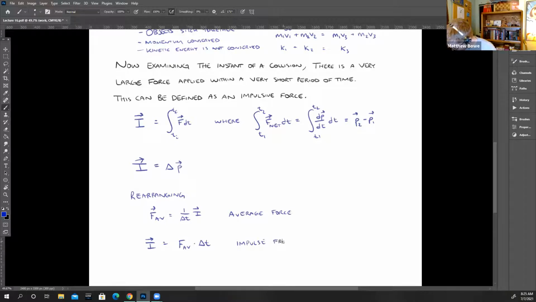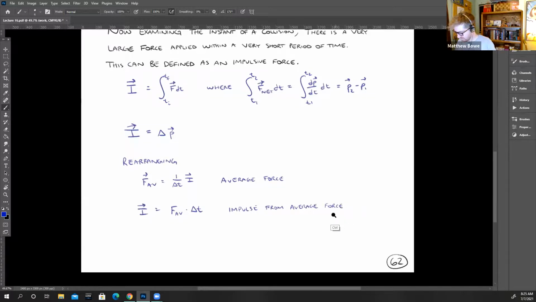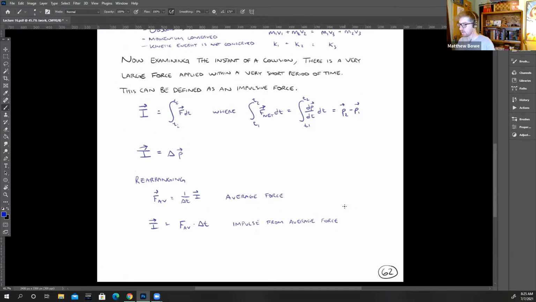Impulse from average force. Okay, so from this, you could just take away that the impulsive force is just a large split-second force applied between two objects that are in a collision.